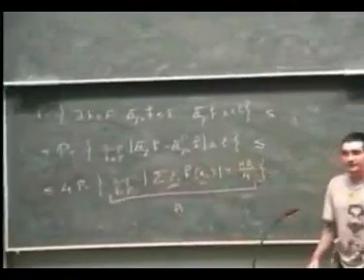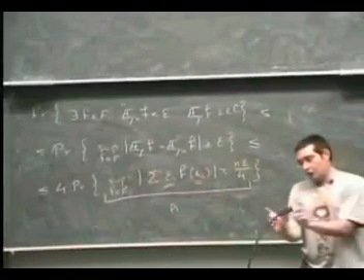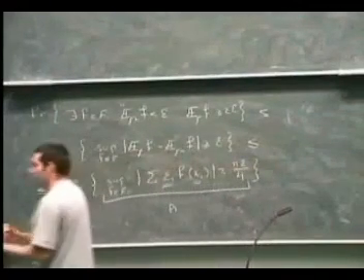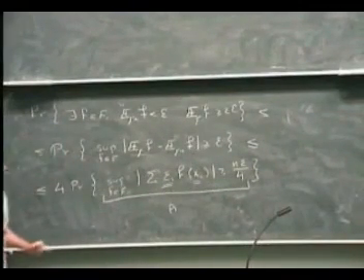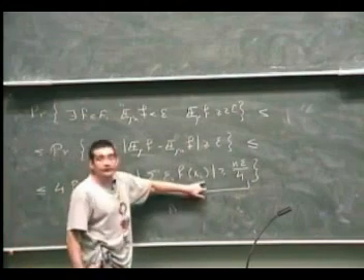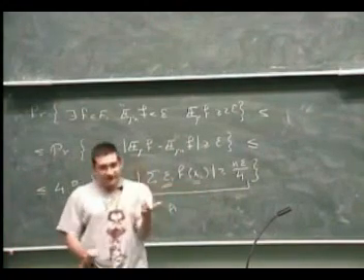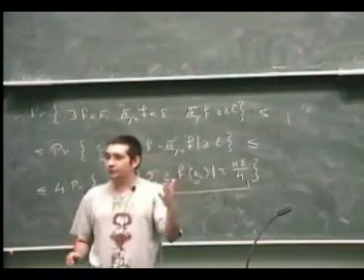It depends on two families of independent random variables. One is the epsilon i's, one is the xi's. And the idea is you fix one family and you see what happens with respect to the other.